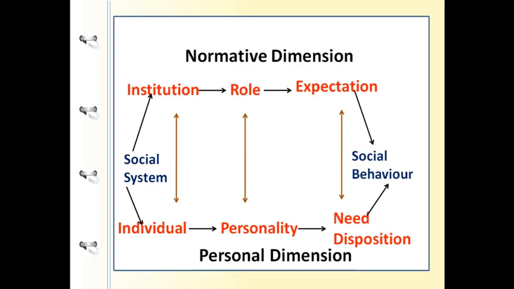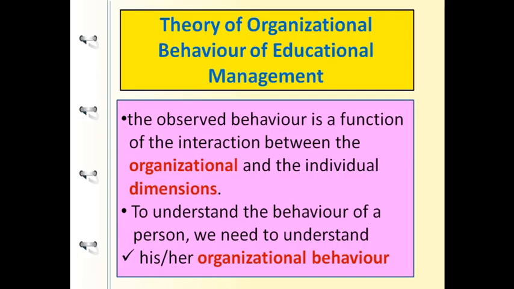As we can see, the normative and the personal dimensions influence each other. According to the theory of organizational behavior, the observed behavior is a function of the interaction between the organizational and the individual dimensions.